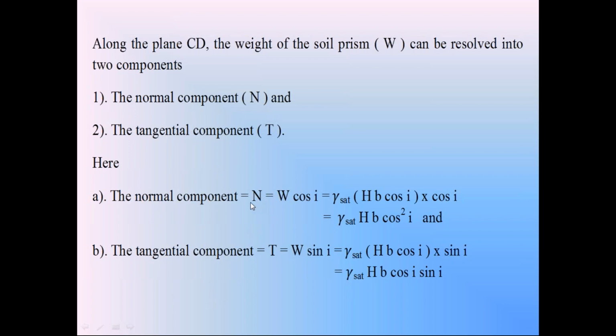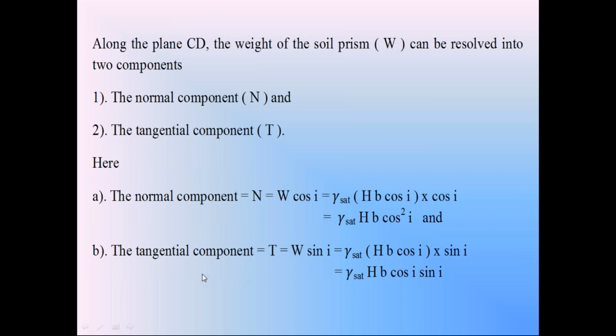That normal component N is equal to W cos i. We know in the seepage condition, the weight W is equal to gamma saturation into h into b cos i. So this normal force N is equal to gamma saturation into h into b into cos i into cos i, that is cos square i.